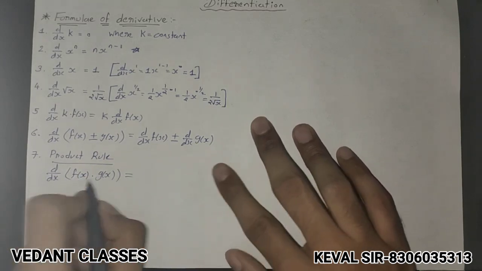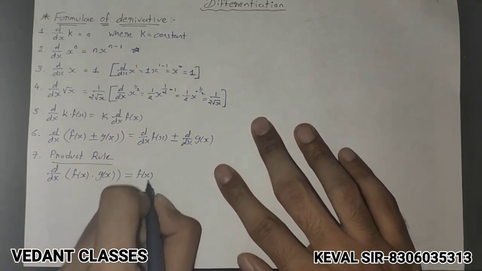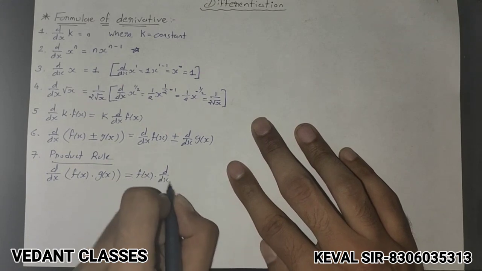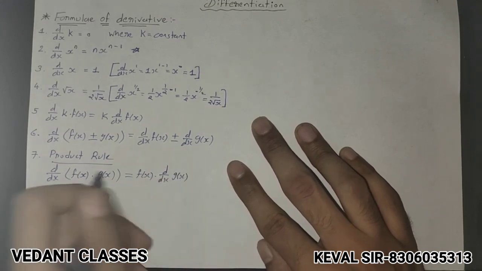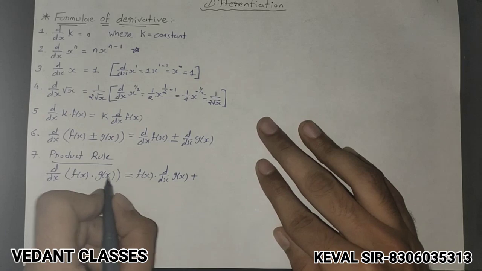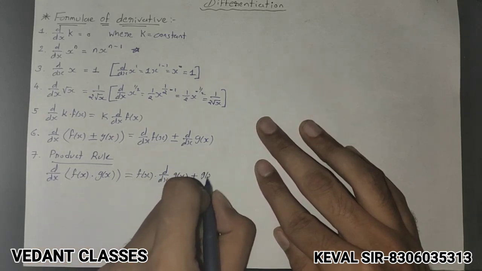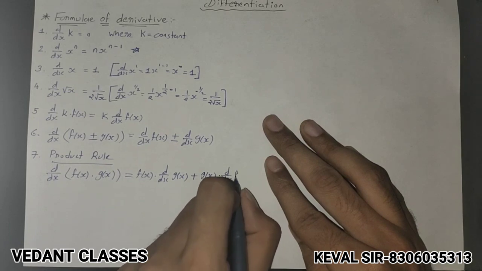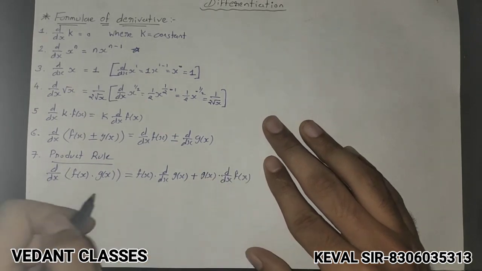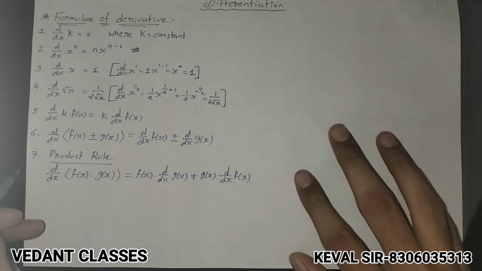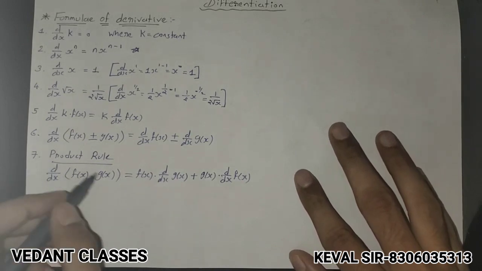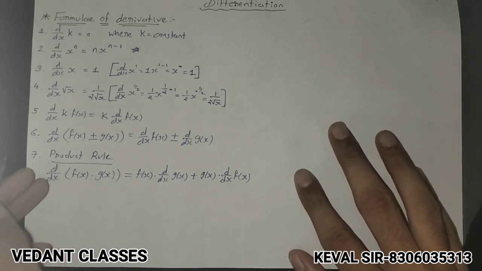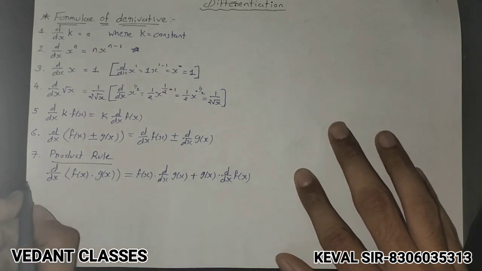First of all, you keep f of x as it is and carry out the differentiation of g of x, plus keep g of x as it is and carry out the derivative of f of x. Just like this you can calculate when two functions are given as a product, and find the differentiation using this rule.